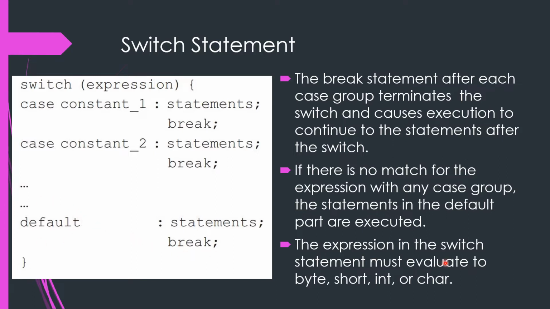The expression in the switch statement must evaluate to byte, short, int, or char. So these are the four data types which are accepted by the expression in the switch statement. Means if you are writing any expression in this switch statement, it must have any of these four data types. Anyone other than these data types will not be accepted and there will be an error.